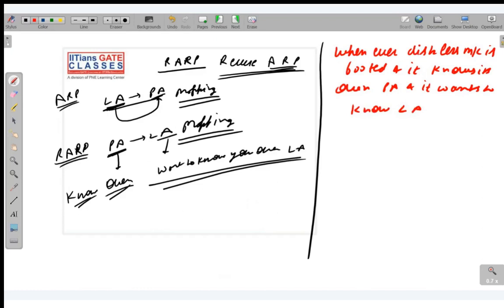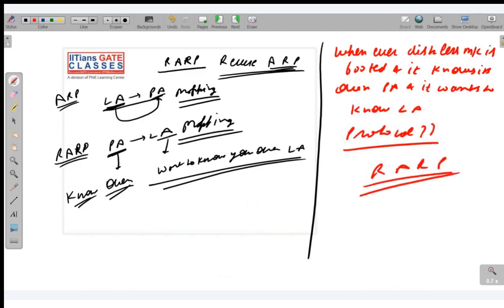Which protocol should be used? RARP. This question has been asked directly or indirectly many times in GATE.